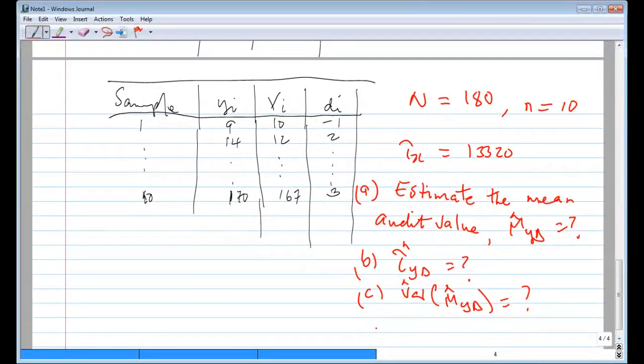That's number C. Number D, you estimate the variance of the estimated total. So that is the var estimate of tau YD.